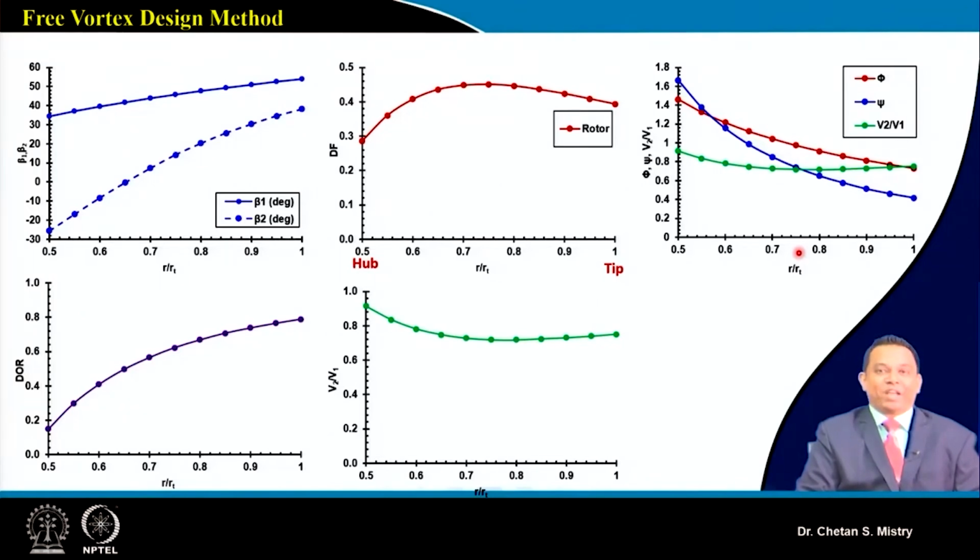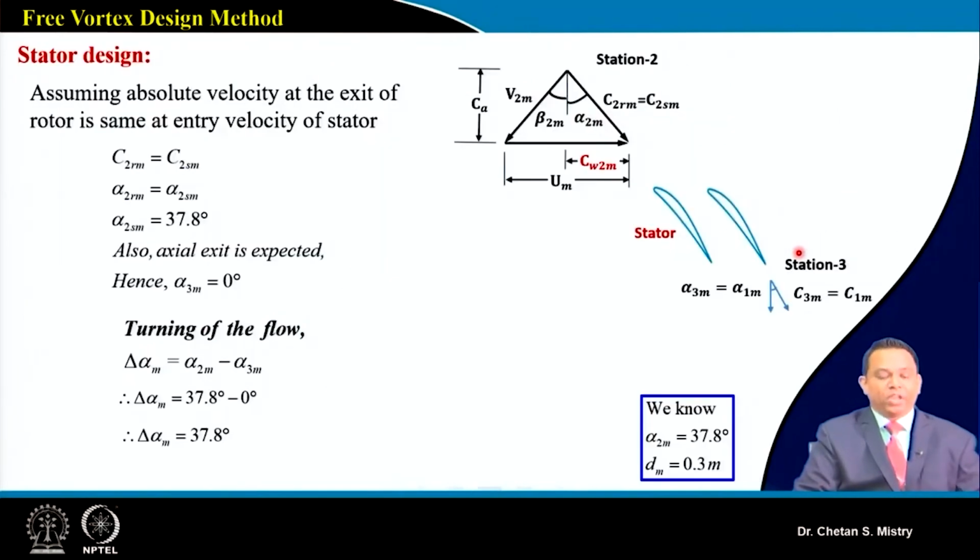Now once we have done our design for the rotor, my next step is to design the stator, because we are designing the stage. So in the same way as we did for the rotor, we will do our calculation for the stator at the mid station.